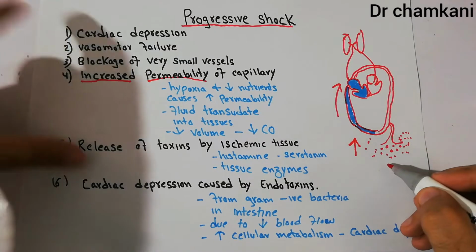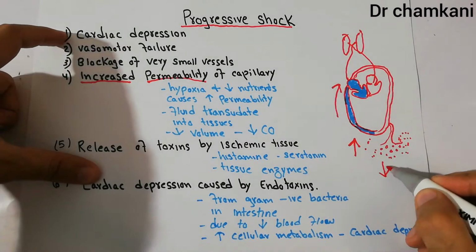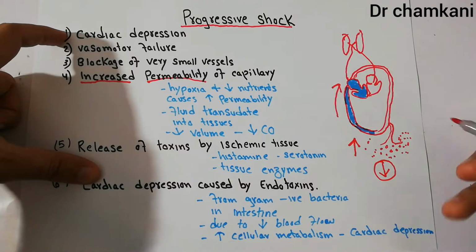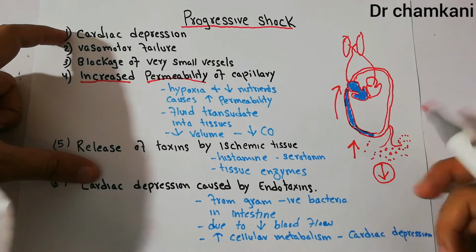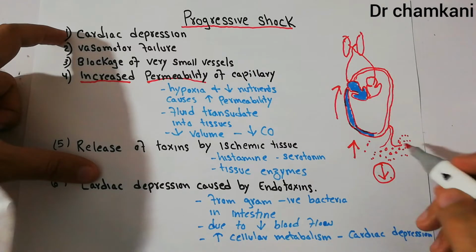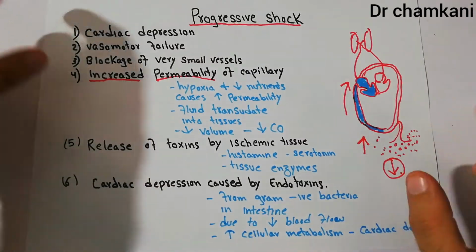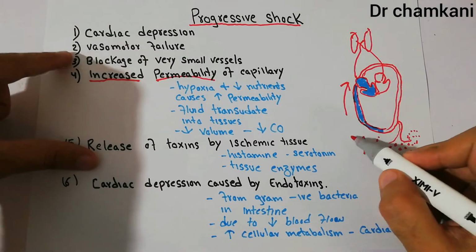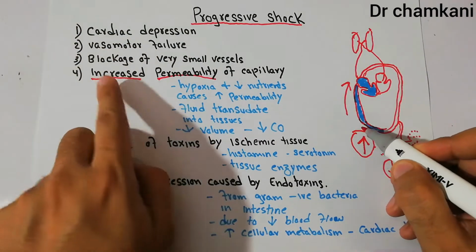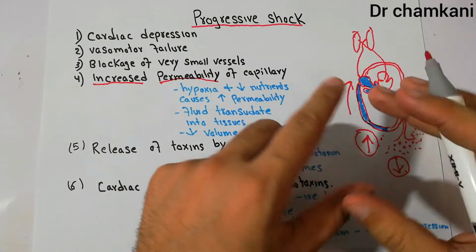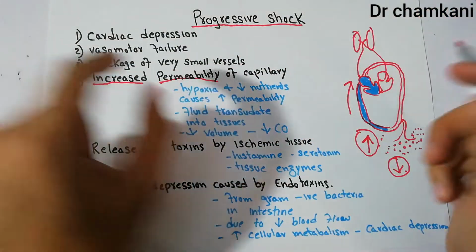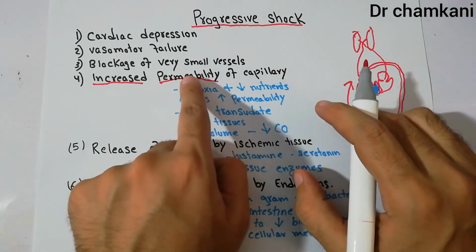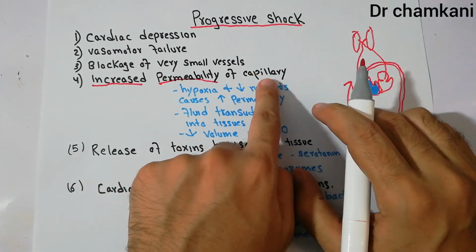Now because the arterial pressure has fallen in shock, or maybe the arterial pressure is normal, but the supply of nutrients or oxygen to the tissues and cells has fallen, there is a release of some substances which increase the permeability of the capillaries, because the tissue, the cells, are trying to receive more nutrients. So they release some factors which lead to increased permeability of the capillaries.